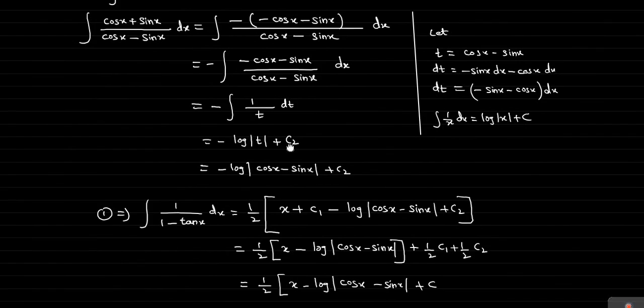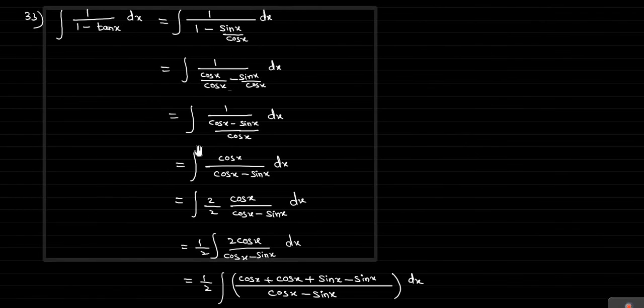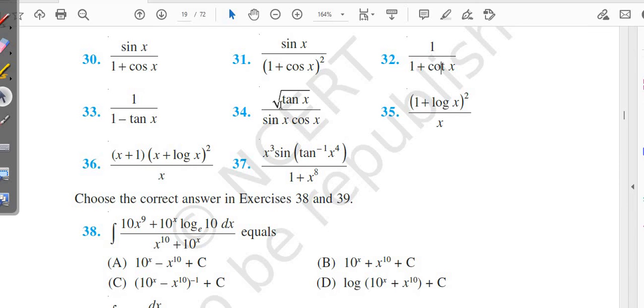Okay, and next one, the next 34th sum, we'll have a look at what is the given function. So given is root tan x by sin x into cos x.